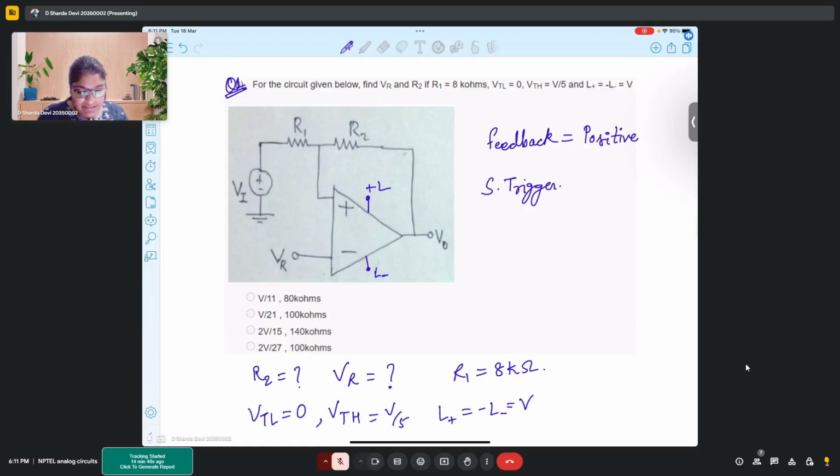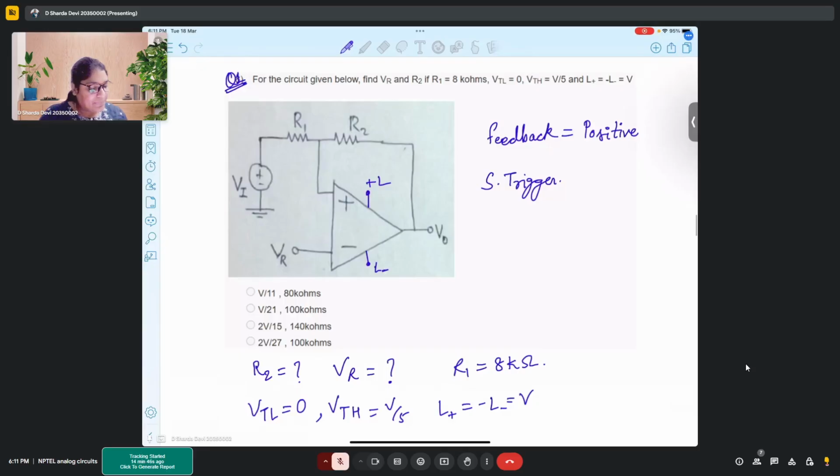So we know that the higher limit and lower limit for our output are already fixed. It is either L plus or L minus.